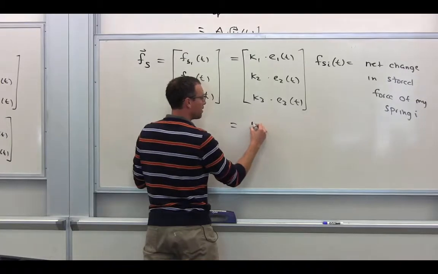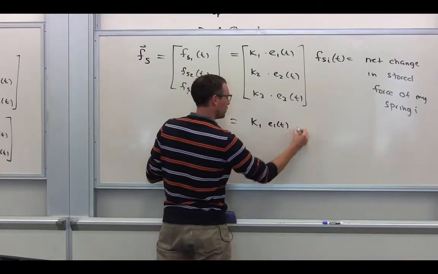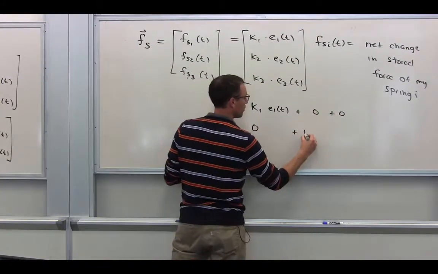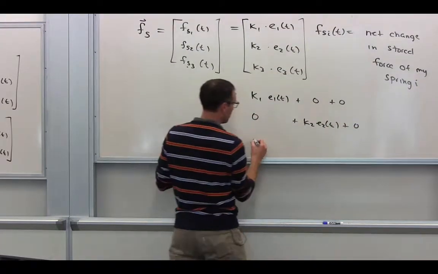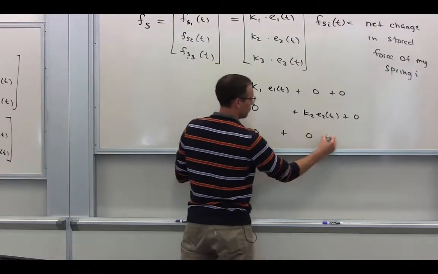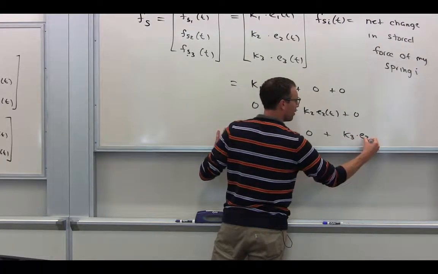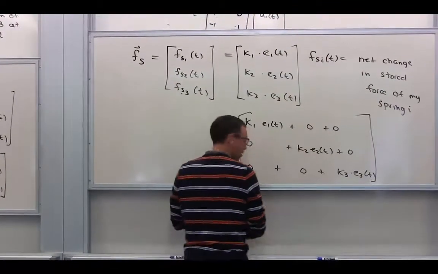I can now write this as a linear combination. What's the third one? Am I allowed to do that? Can I just throw in zeros randomly? Why? Because we know how to do math, right?